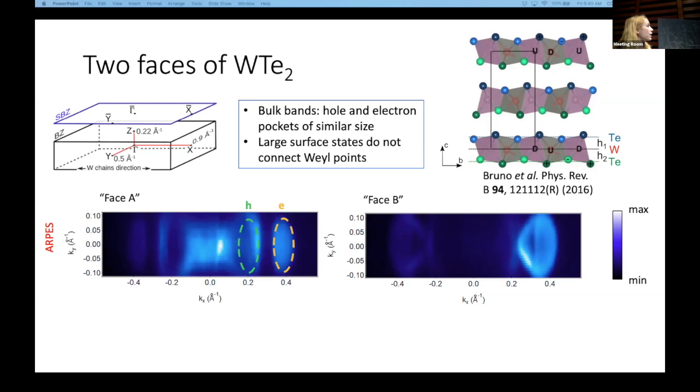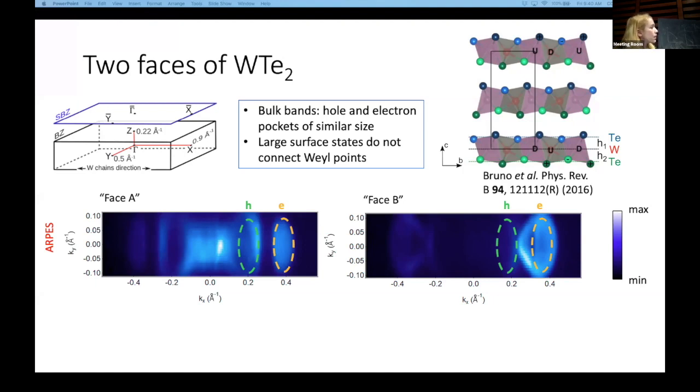First of all, the electron pockets are here, there are two of them, a little bit further from the gamma point, and then the hole pocket is here, closer to the gamma point. The characteristic of face A, at least before we add potassium, is that there is a gaping hole right here, a region of no bands. This is in contrast to face B, where you have your electron and your hole pocket, but you have this V-shaped feature that appears between the two of them.